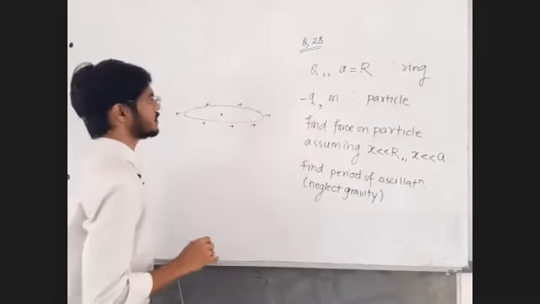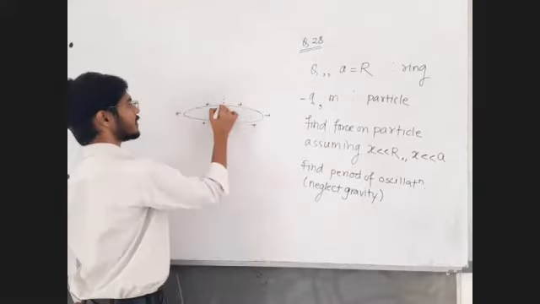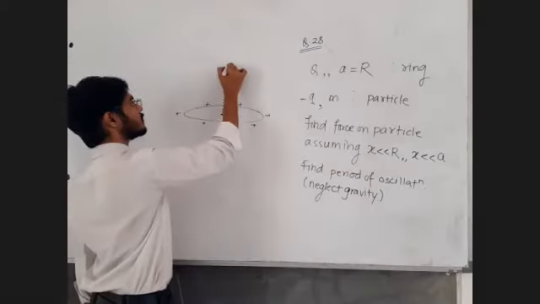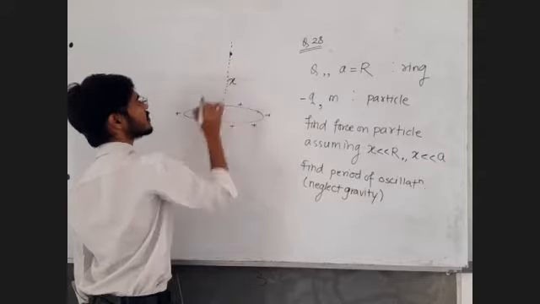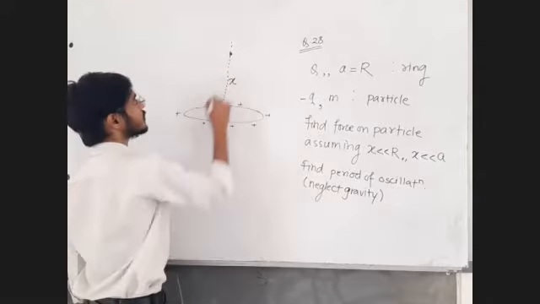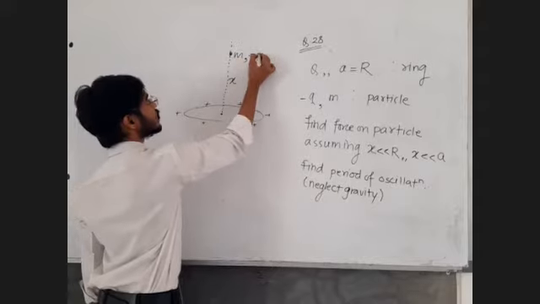So let us draw the axis of the ring. The ring is in the horizontal plane and this is the vertical line. The point is at distance x from the center of the ring. We have a particle having mass m and charge minus q.